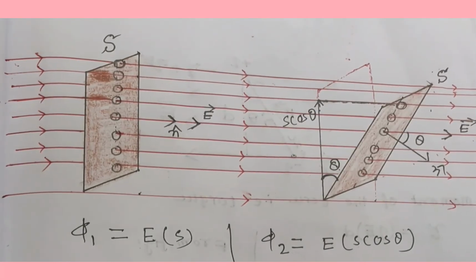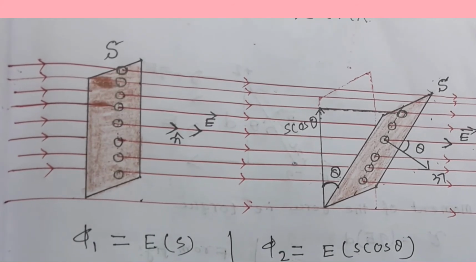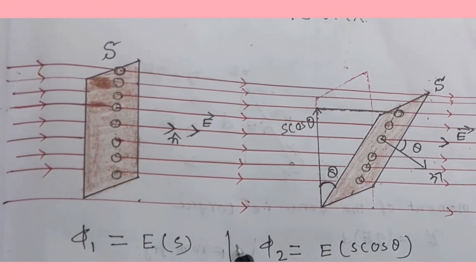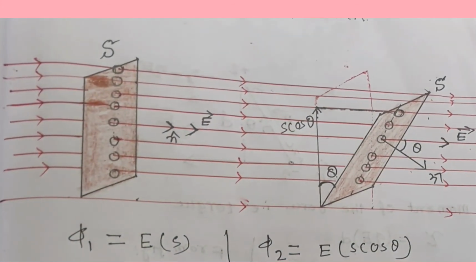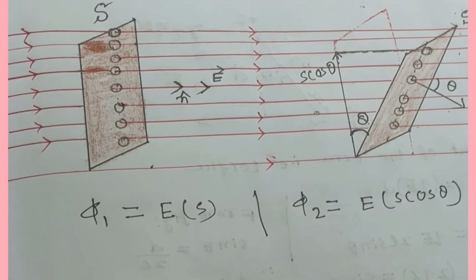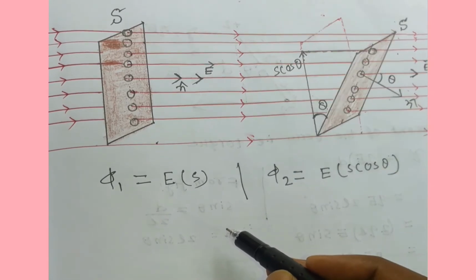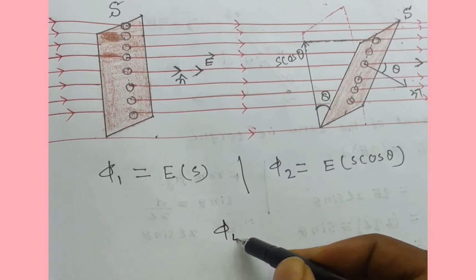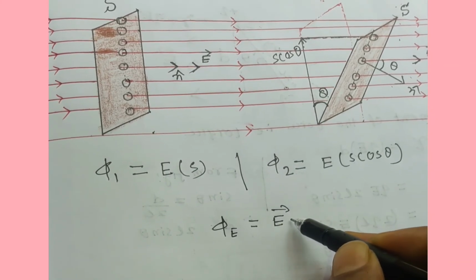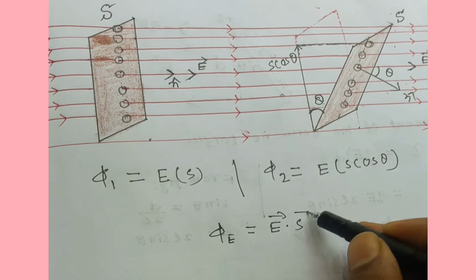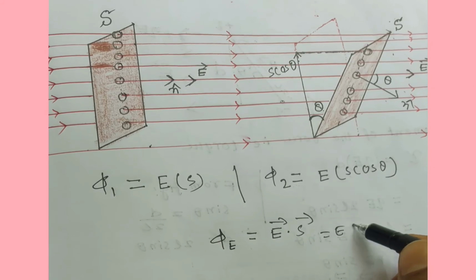Therefore, the electric flux in the first case is E S cos 0, that is phi 1 equals E into S. Therefore, in general, we define electric flux phi E equals E vector dot S vector or ES cos theta.